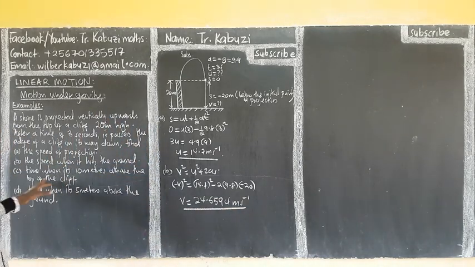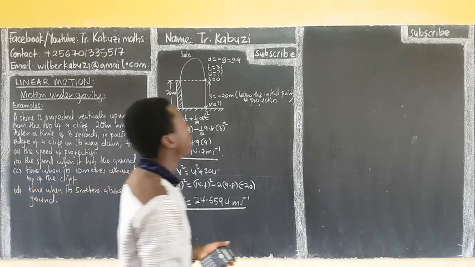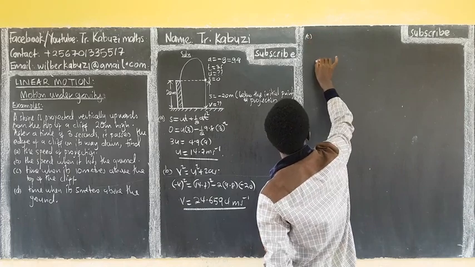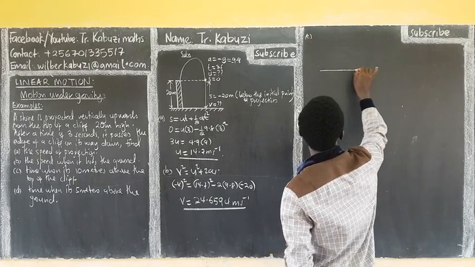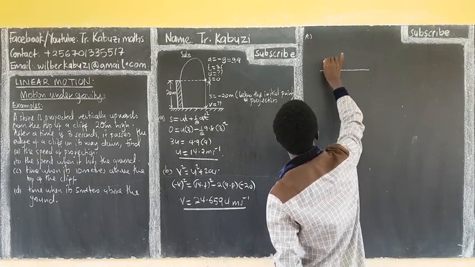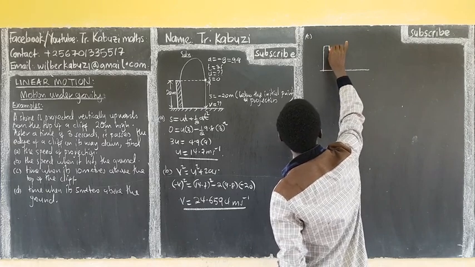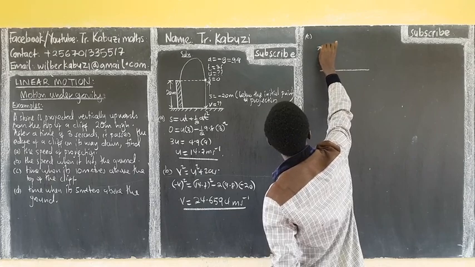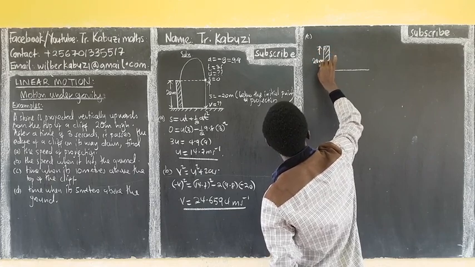Then here, the time when it's 10 meters above the cliff. So now I'm going to do a simple sketch. This is our ground, and this is our cliff, which is 10 meters high.